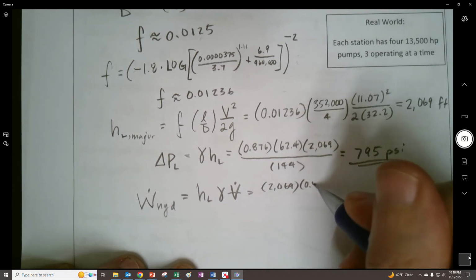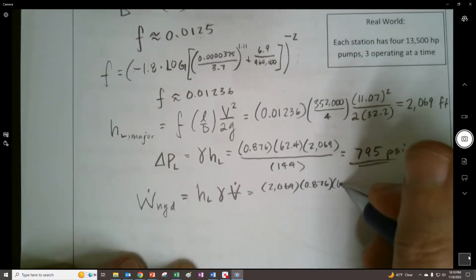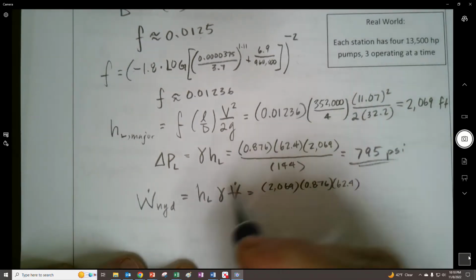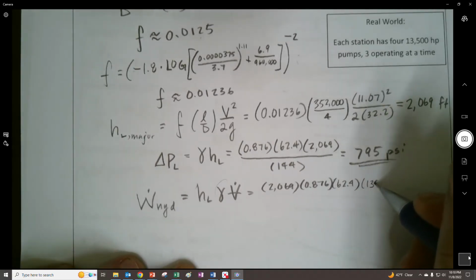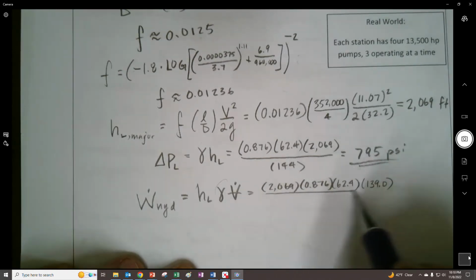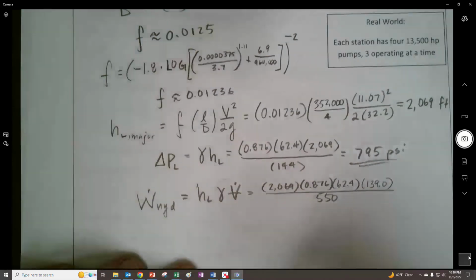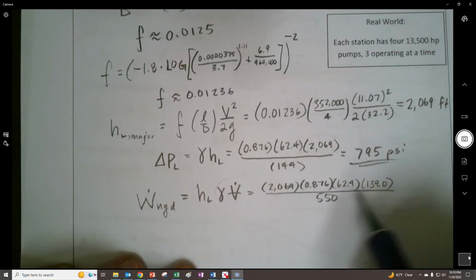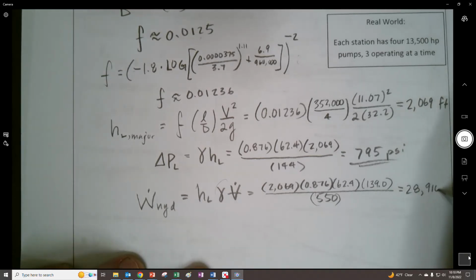Once again, we'll do the 0.876 times the 62.4 to get the specific weight. And then the volumetric flow rate was provided, 139 cubic feet per second. And we might as well divide by our 550, because all of this is going to get foot-pounds per second, so we want to turn it into horsepower. And what we find is we get 28,910 horsepower.